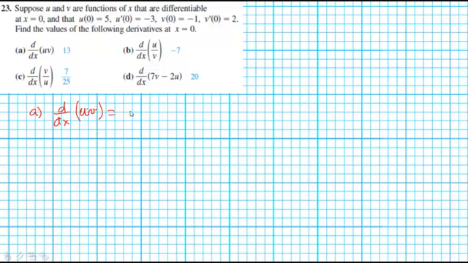So what we really have is the product rule: first times the derivative of the second plus the second times the derivative of the first. Okay, so we might ask, what is the derivative of v? The answer is v prime. What is the derivative of u? The answer is u prime. So what is this derivative?